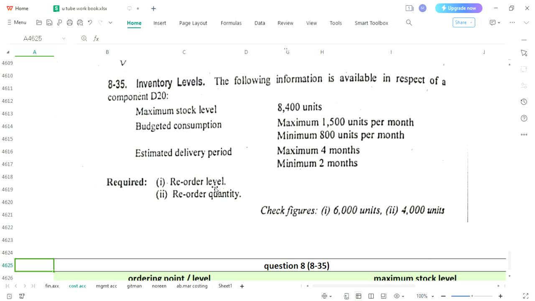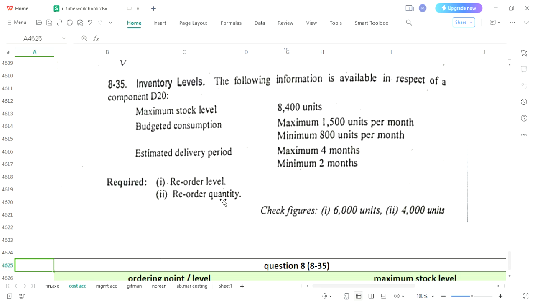Now just like in the previous question, we had calculated economic order quantity, though I have told you that economic order quantity can be calculated with formulas. It's a separate concept and a full-fledged chapter is present to understand the concept of reorder quantity or economic order quantity.